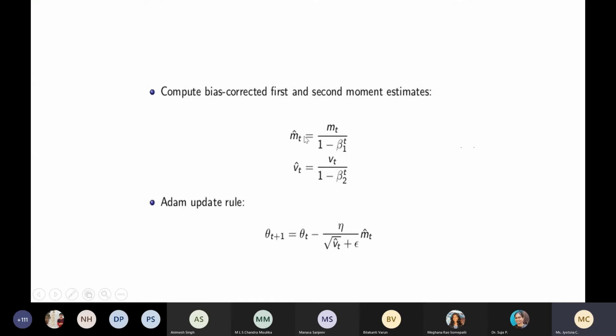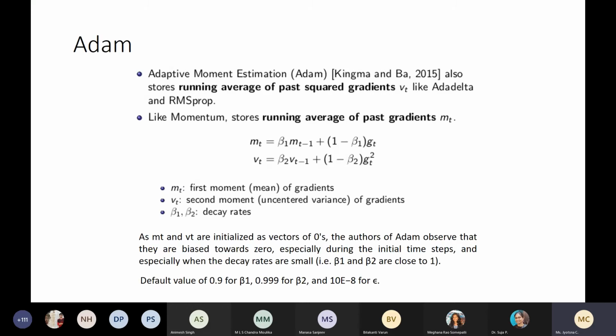MT cap is equal to MT by 1 minus beta 1. VT cap is equal to VT by 1 minus beta 2. What are beta 1 and beta 2? Going to the first page formula, beta 1 and beta 2 are constants with usual values: beta 1 is 0.9 and beta 2 is 0.999.